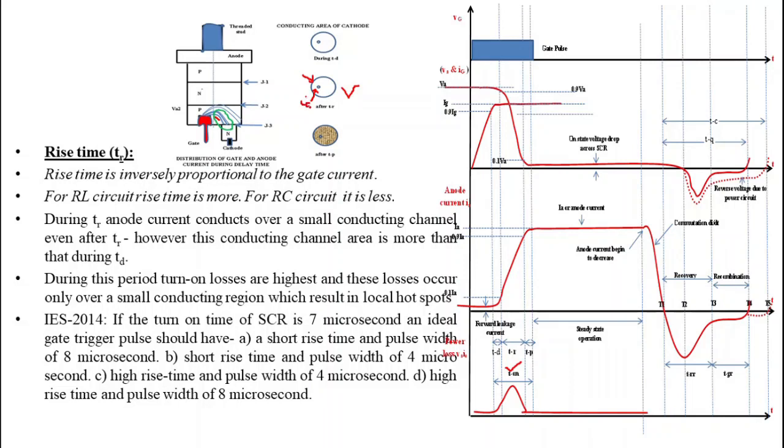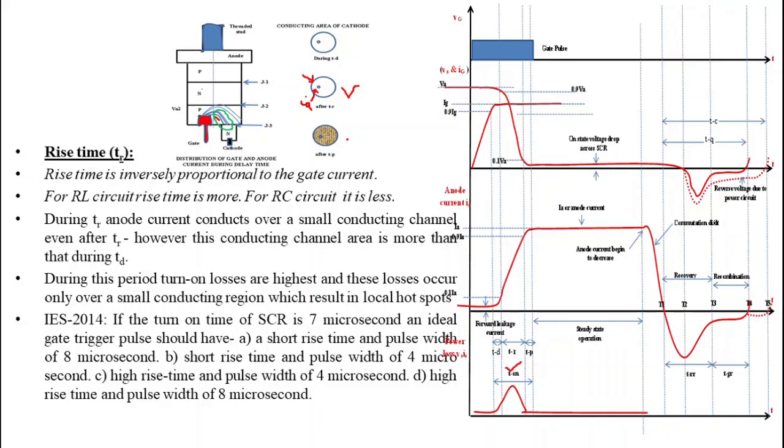Here we can see that anode current conducts over a small area. So there are two important points in this period. First is, during this period, turn-on losses are highest, and second important point is, anode current conducts over a small area. From these 2 points we can conclude another important point, that is, these losses are concentrated over a small area where anode current flows. This concentration of losses over a small area results in local hotspots.